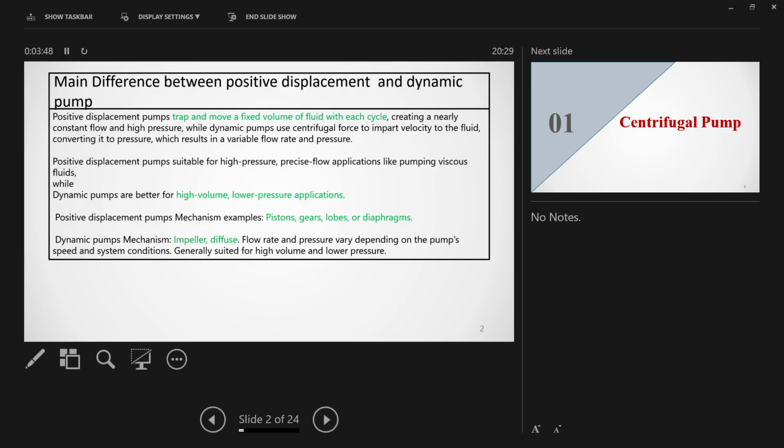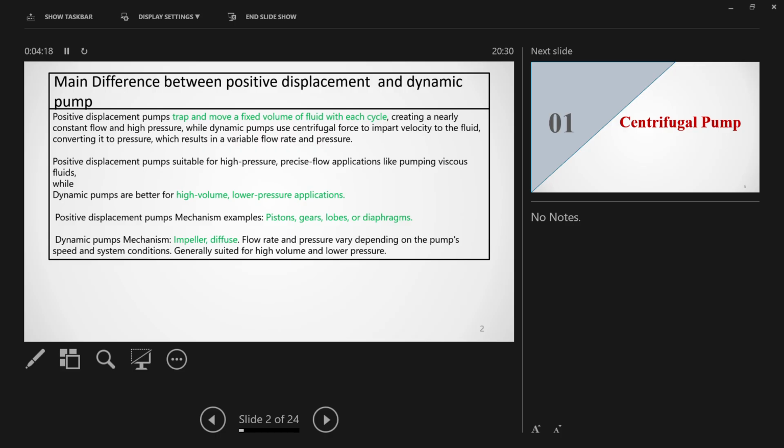So this pump is particularly used for minimum flow and high pressure application, and its working variation is very limited. In positive displacement pumps, we are using parts like piston, gear, lobes and diaphragm.